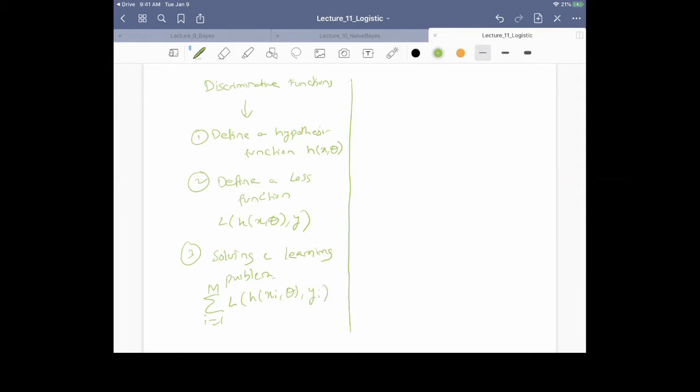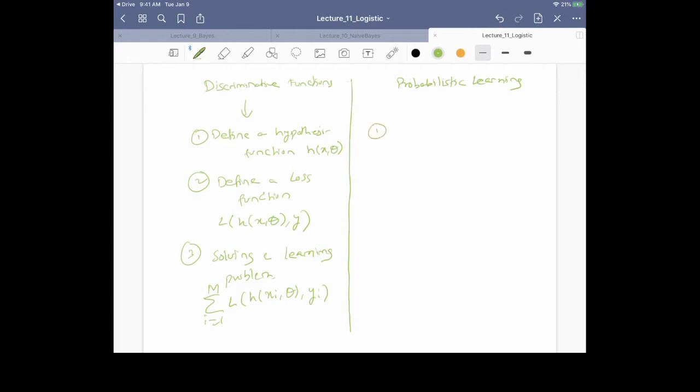Now the probabilistic learning paradigm.